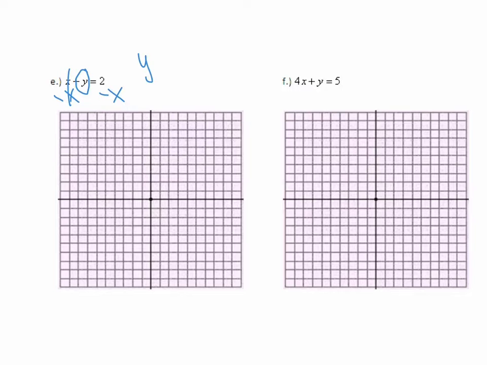And we get y equals negative 1x plus 2. So I would graph it just like I did before. Or here, in this last one, I would get this y by itself just by subtracting 4x from both sides. And then I would do what I did before, which is probably where we're stopping for today.